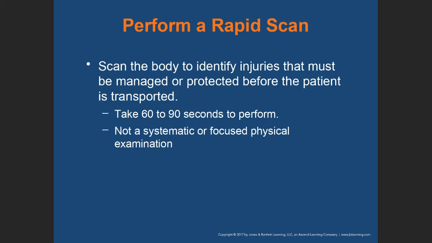And at this time, we're looking for DCAP BTLS IC. So DCAP BTLS: the D represents deformity, the C represents contusion, the A is an abrasion, the P represents punctures, penetration, and paradoxical motion.